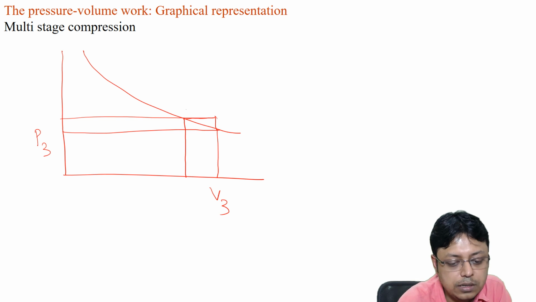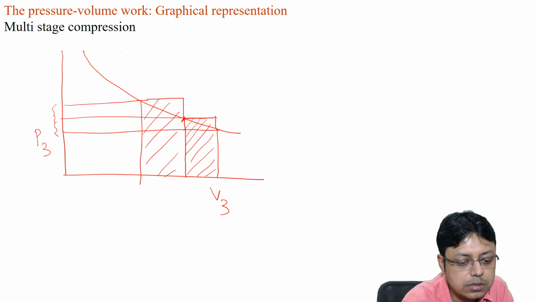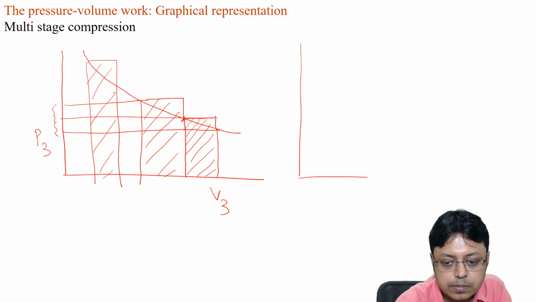So the compression in the first step will be like this. Compression in the second step, if we increase the pressure this much in the second step, will be like this. So the work done will be a summation over all these areas, and if we reduce the number of steps, it will look something like this.